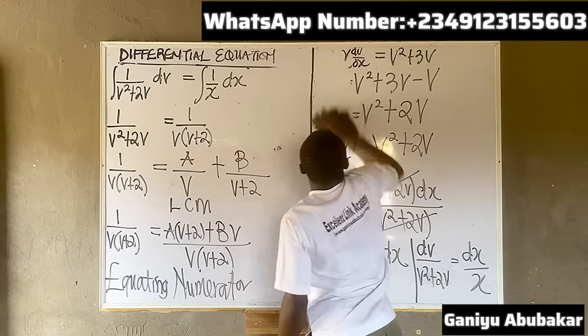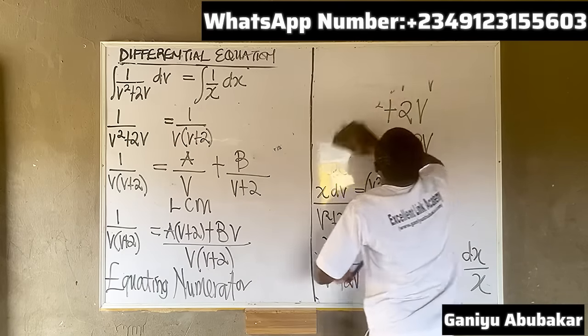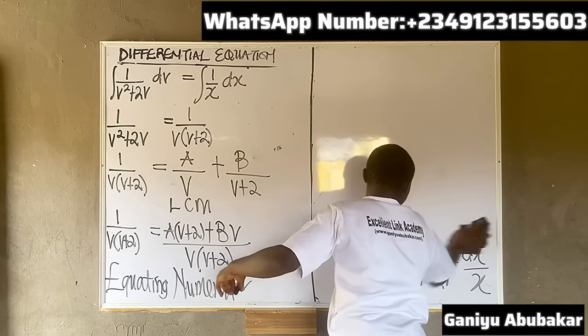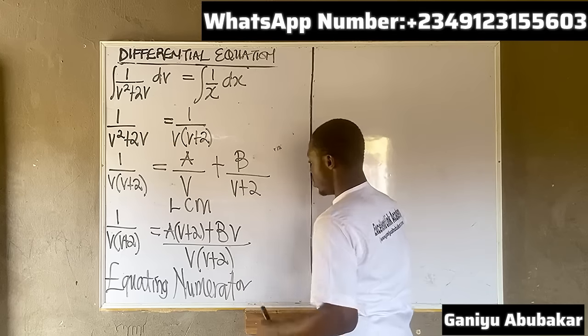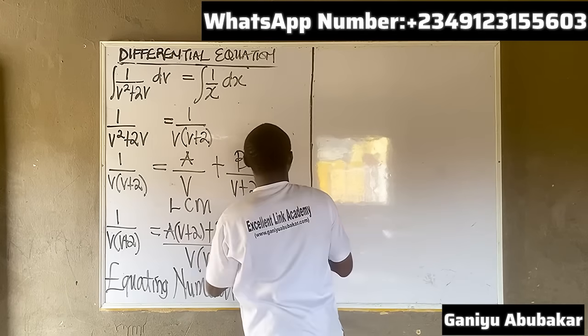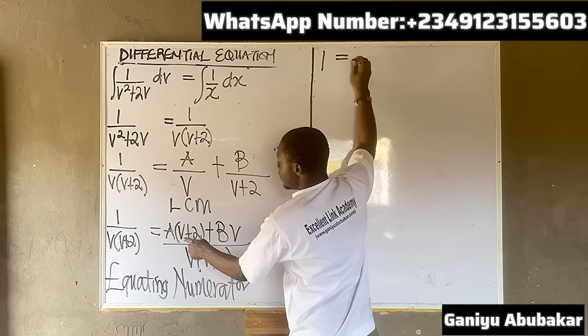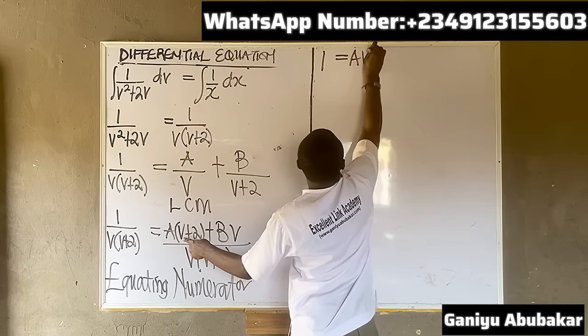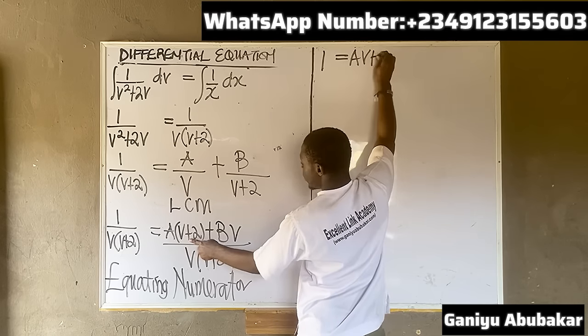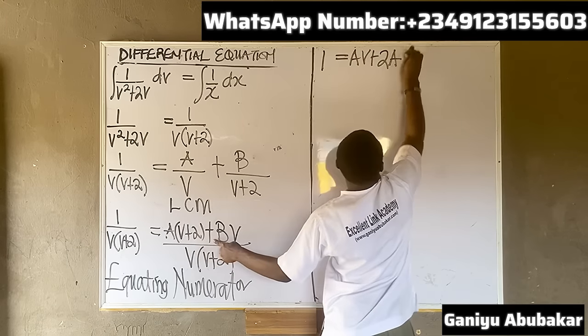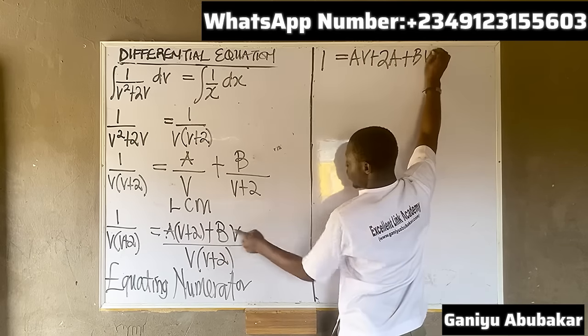If I equate the numerator, from here it gives you 1. I have 1 equals A times v gives you Av, plus A times 2 gives you 2A, plus Bv.